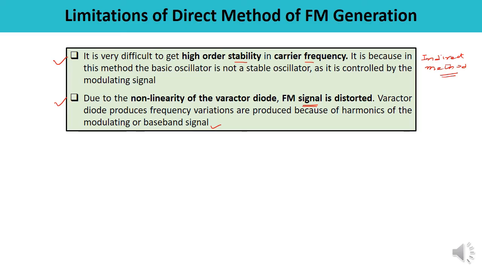So we have to take proper care to keep this type of distortion minimum, so that it is useful for our application. Even with these two limitations, the direct method is utilized for high power FM generation in various applications, so it is very useful for high power FM generation.